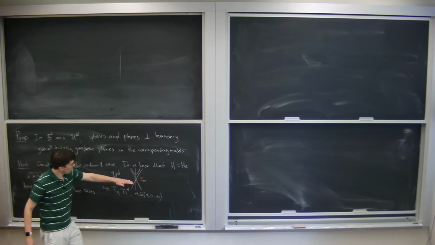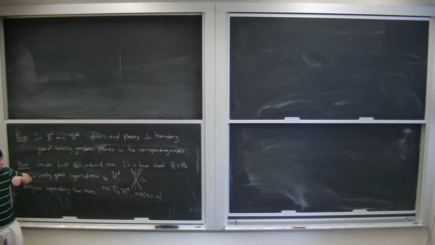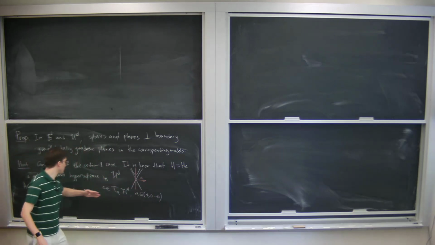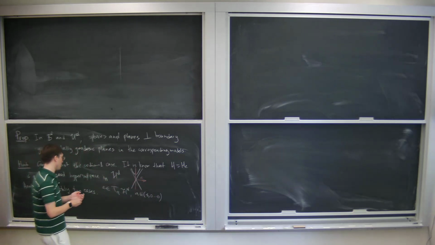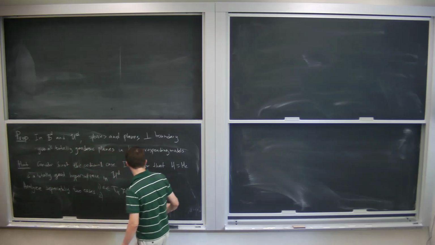If it is so, what do we have? We have that the first coordinate is, in this case, kind of just horizontal. So two cases, 1 and 2.